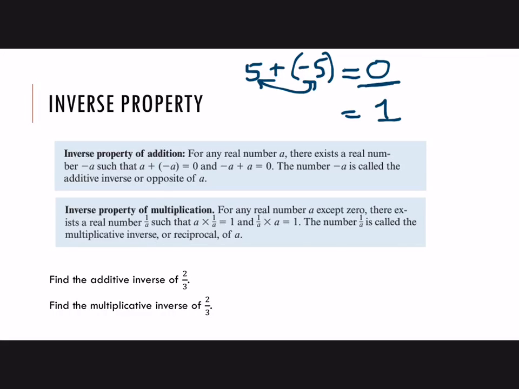So the inverse property of addition says that when you add two inverses, like 5 and -5, you get the identity 0. An equation like this shows the inverse property, and the number -5 is the inverse of 5.